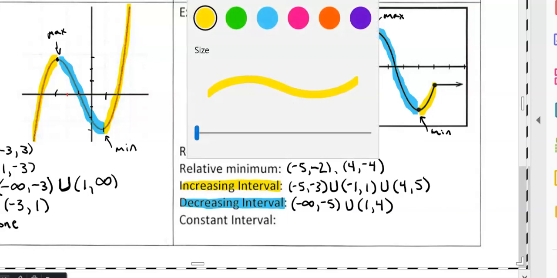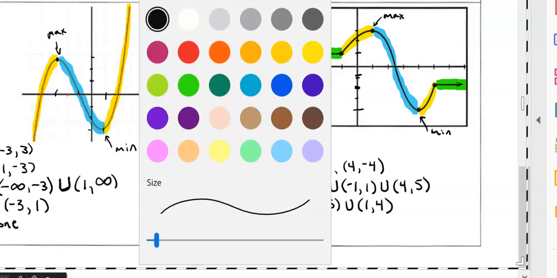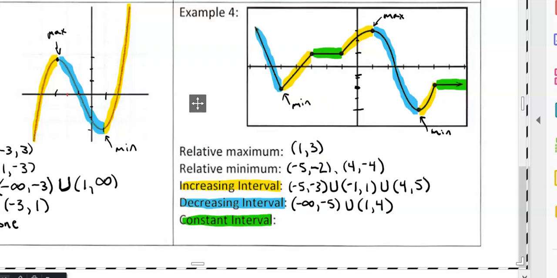And then finally the constant interval. This is the first one where we've seen one. We actually have a couple here. It's constant here, and then it's going to be constant here as well. And so the constant interval happens between -3 until you get to -1.